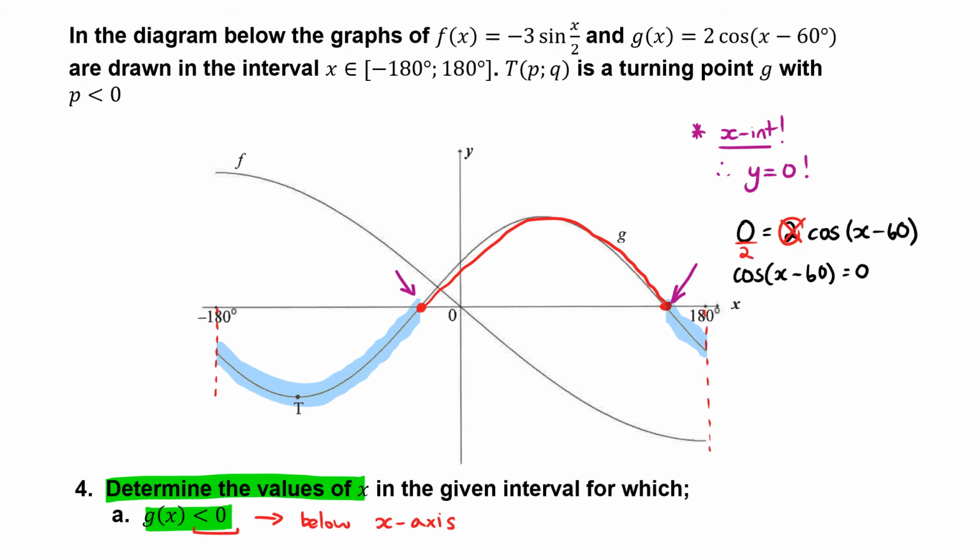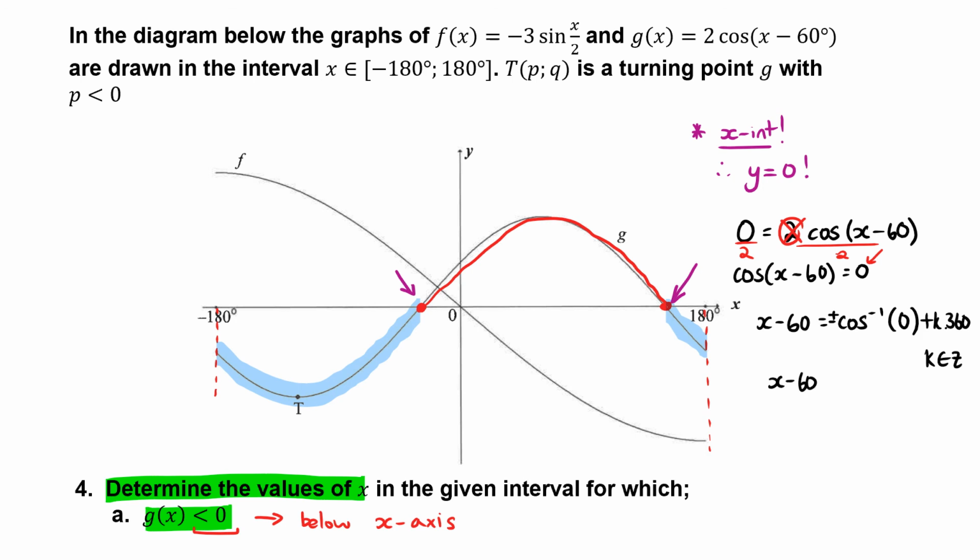But dividing 0 by 2 still gives us 0. So therefore x minus 60 would be the inverse cos of 0. Don't forget your plus or minus and your k360 from your general solution. And so we would end up with the following.